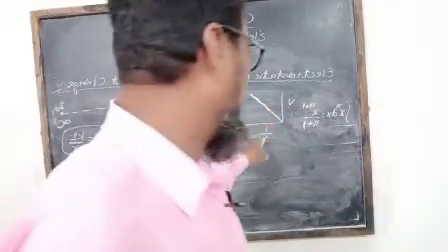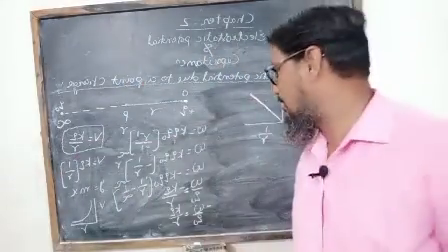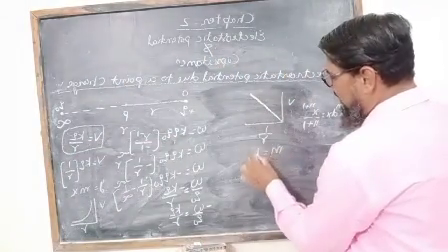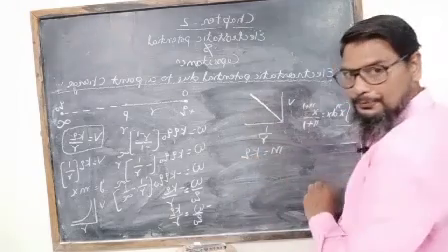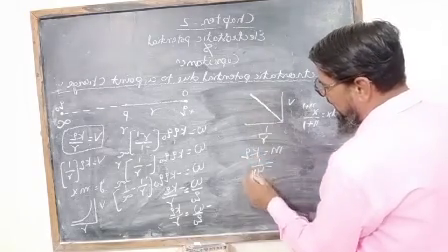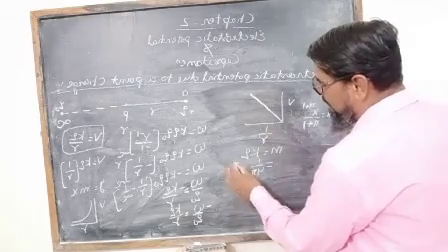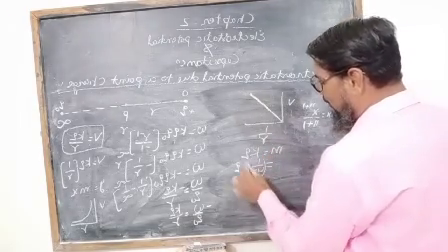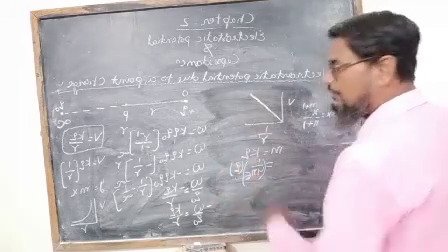So for V and 1 upon R, a straight line is obtained, and the slope of the curve will be equal to KQ. The value of K is 1 upon 4 pi epsilon, and the slope of the curve depends upon this K and the magnitude of the charge.